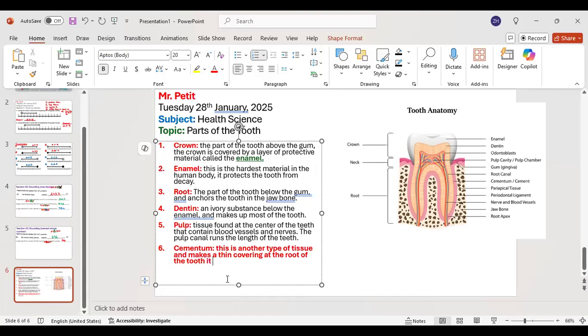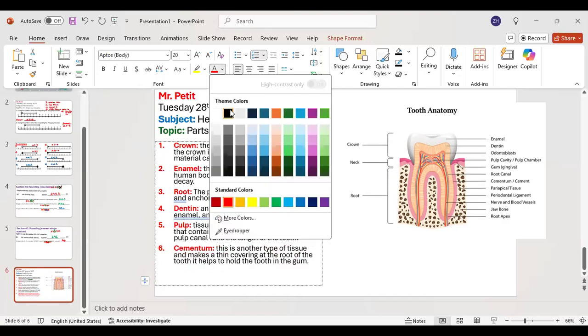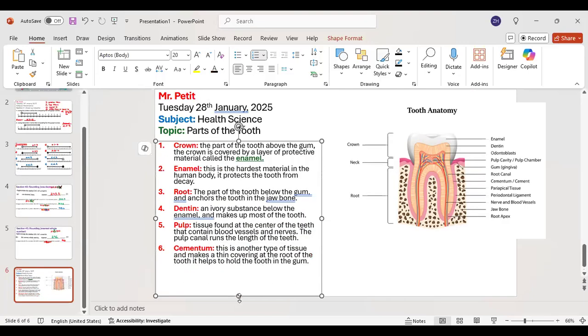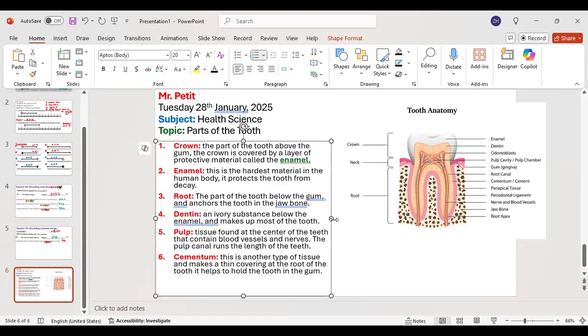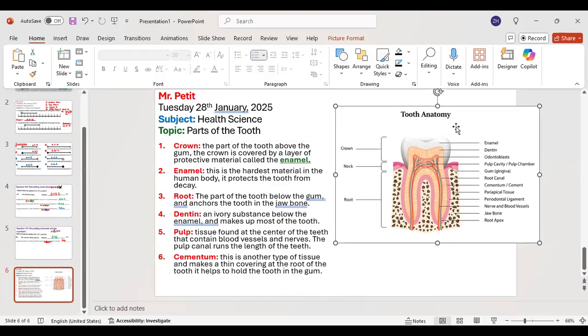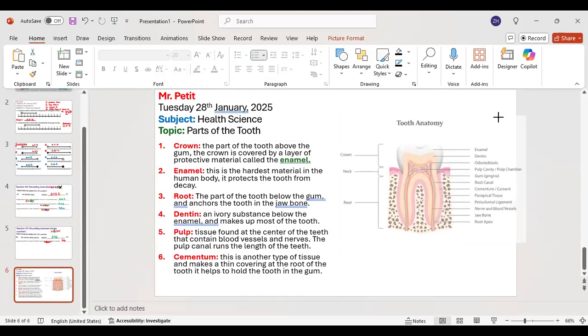It helps to hold the tooth in the gum. That's what we mean by the cementum. It helps to hold the tooth in the gum. Cementum. So what do we have? Let me make this smaller so y'all can see.